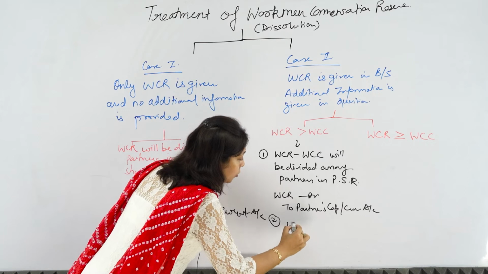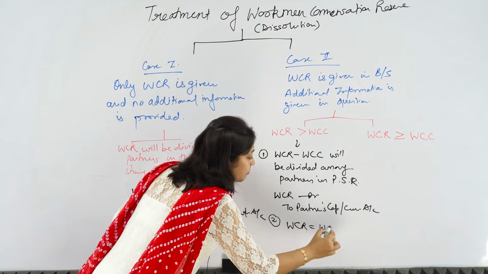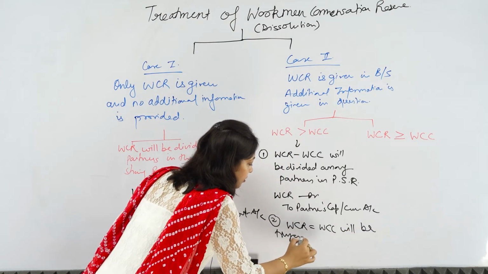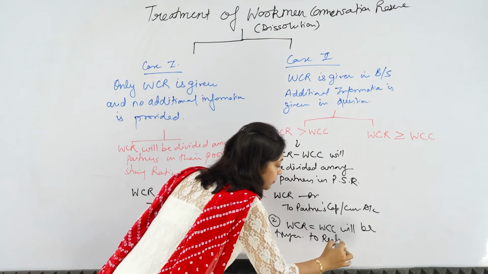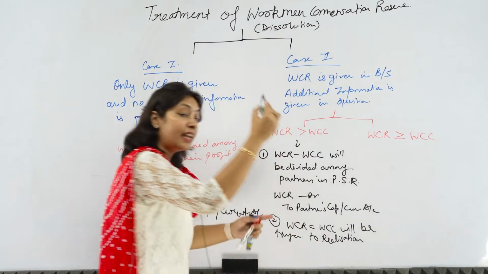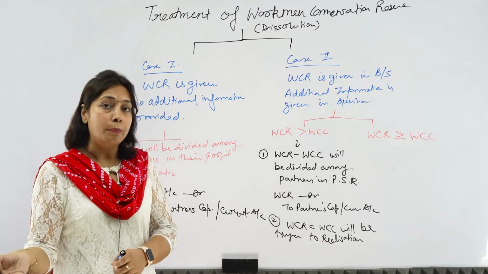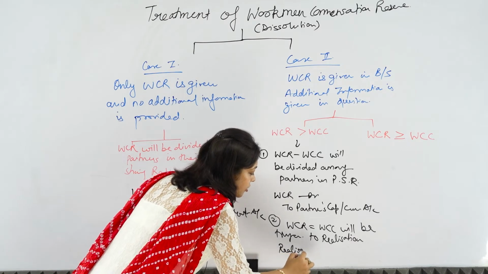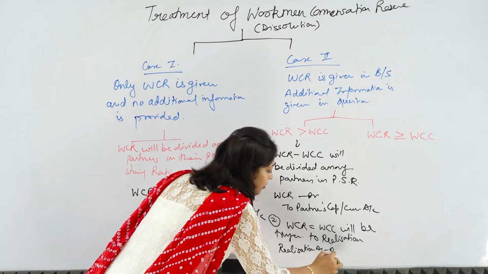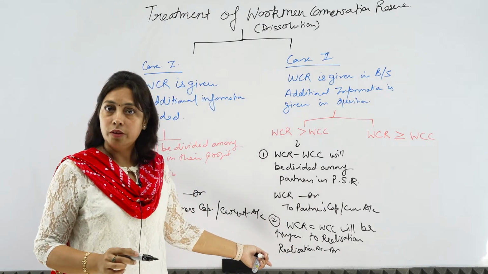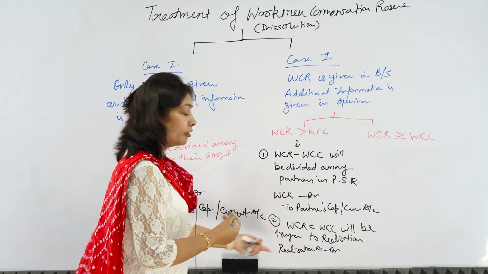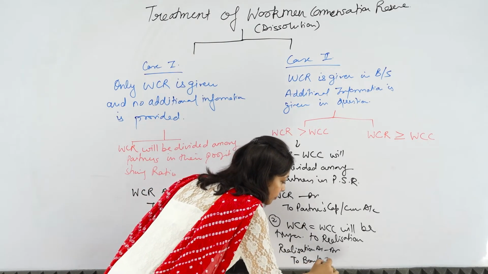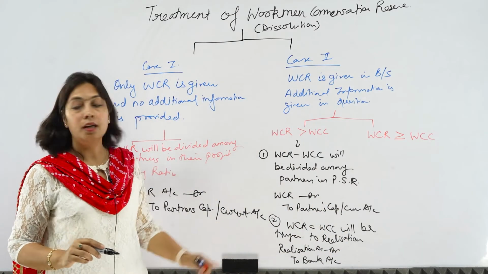So the amount equal to WCR equal to WCC will be transferred to realization account, and from there we have to pass it through bank account. So the entry will be realization account debit, to bank account. Here we have transferred the workmen compensation claim amount to realization account, and from there it will be paid through bank account. Got it? This will be the entry.